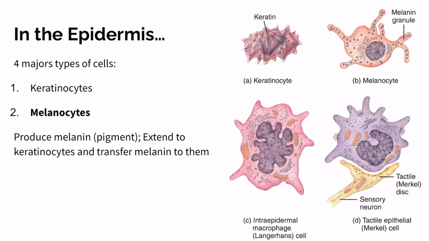So these melanocytes pass off melanin to keratinocytes, and these keratinocytes are going to collect melanin, and they actually cover up the nucleus like so to protect them. Because think about what is important in the nucleus.